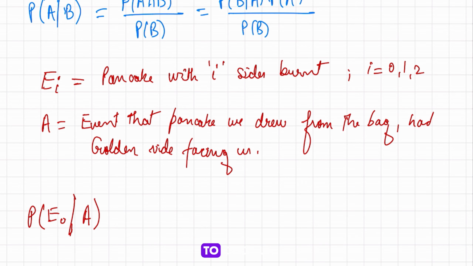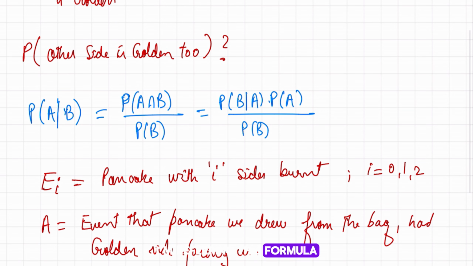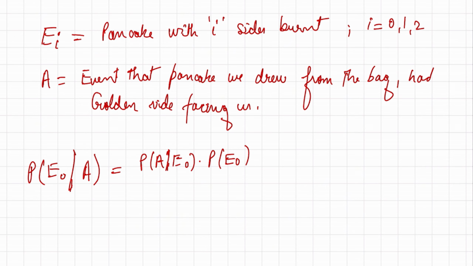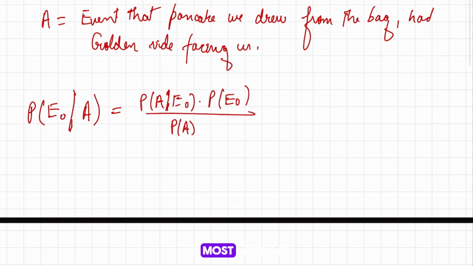So P of E0 given A is equal to the probability of A given E0 times the probability of E0, I'm referring to this formula right here, divided by the unconditional probability of A. Now we apply another theorem, the law of total probability, which we covered in the Quant Essentials series, so do check that out, most likely in video number 2.